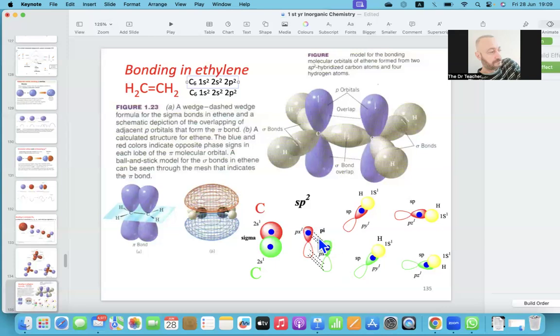And here is the pi overlapping of px, and these are the px of carbon with the px of the other carbon, which will form the double bond. And here you can see the orbitals overlapping, and this is the right side combination of the orbitals, carbon with 2 hydrogen.